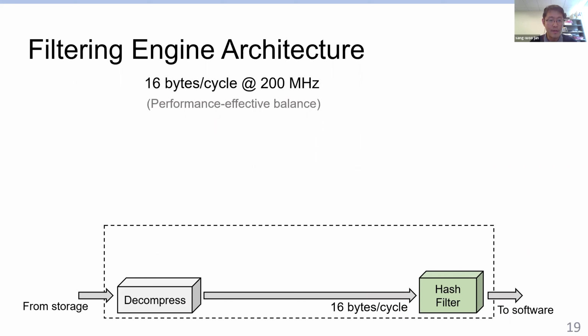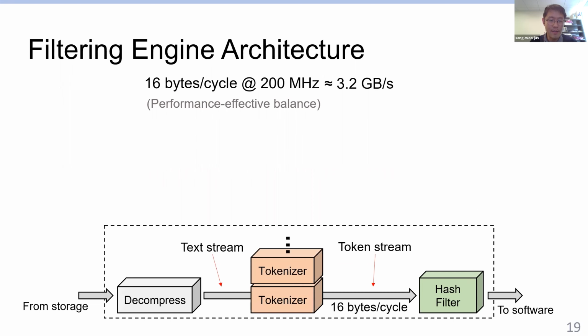Each of these units works at 16 bytes per cycle at 200 megahertz, giving us about 3.2 gigabytes per second per pipeline. This is already enough to saturate the PCIe bandwidth of many PCIe Gen 4 storage devices. But an interesting observation was that if we take the decompressed raw text stream and break it down into tokens, each of these tokens is not necessarily always 16 bytes.